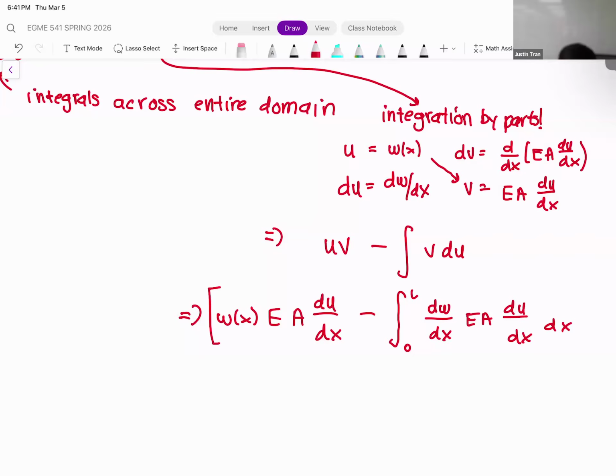And by the way, this first term, we've essentially integrated it, and so we're going to evaluate this from 0 to L. I regret using red for this whole thing. I was just so excited for the integration by parts.